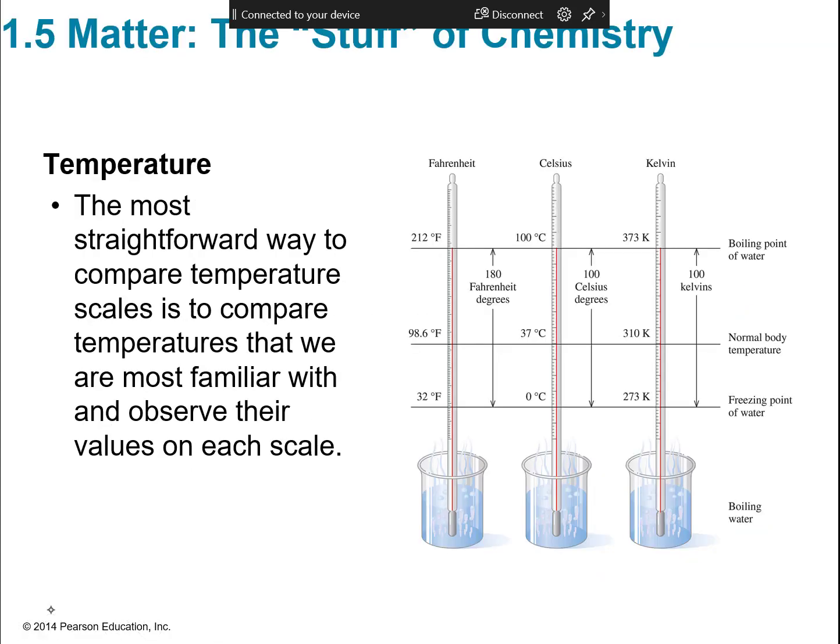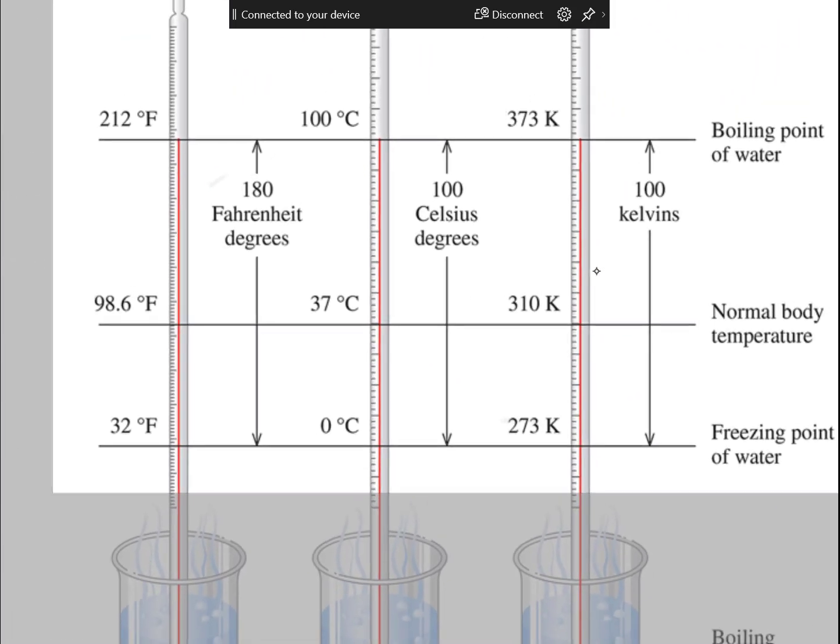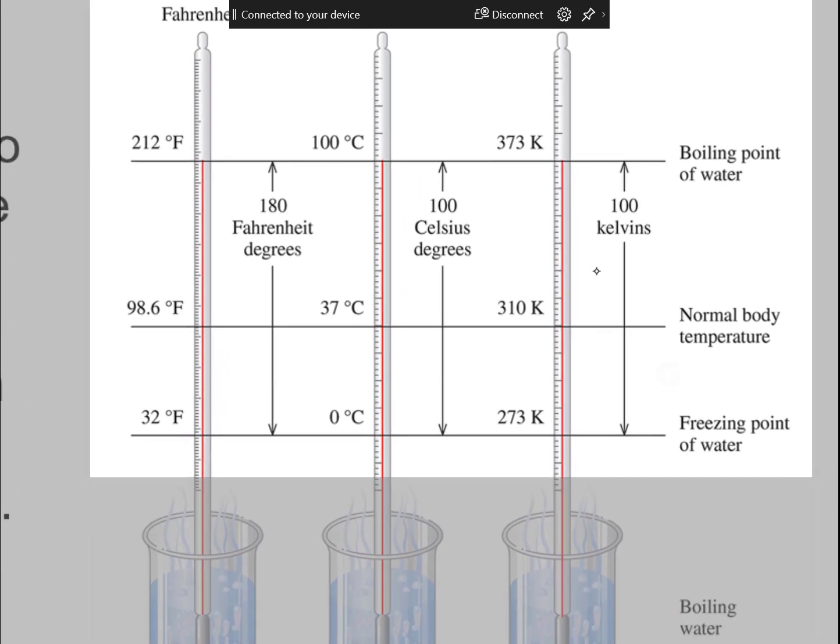So I like this chart right here because it shows you how they're different. I don't expect you to be able to convert from one to the other. I just wanted to show you these, and these numbers are ones that you should know. First off, the boiling point of water, 100 degrees Celsius, 212 degrees Fahrenheit.